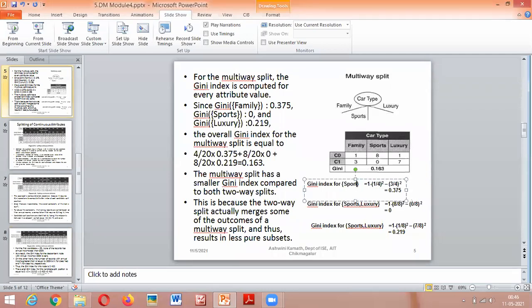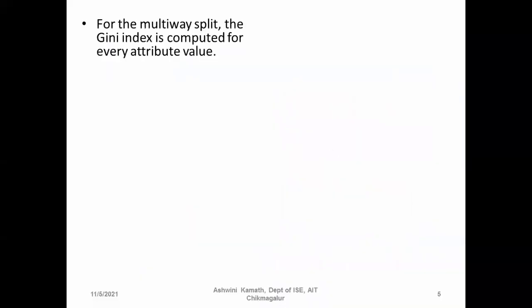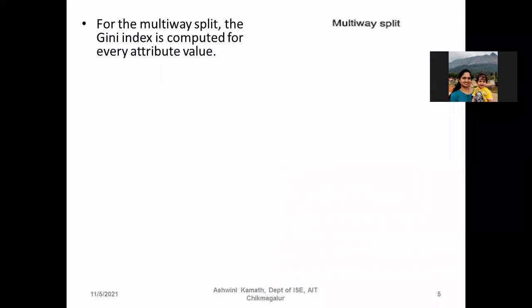First one is for family, second one is for sports, and third one is for luxury. So from the multi-way split, the Gini index is computed for each attribute value.